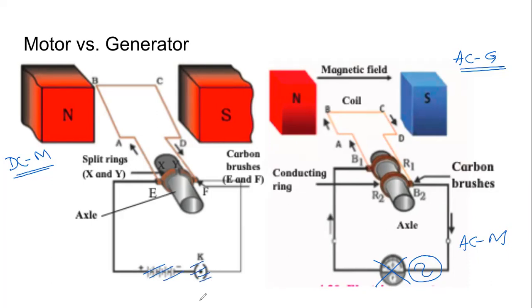Right? Now we have to show a galvanometer. This is the symbol of a galvanometer. We can also show a symbol of an ammeter. Now what we have is a DC generator.